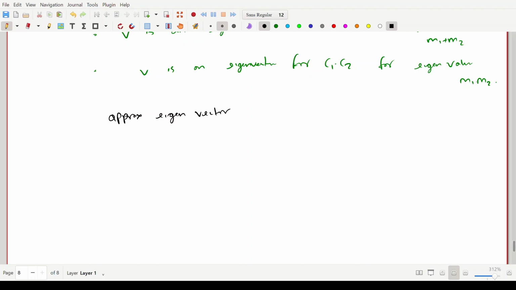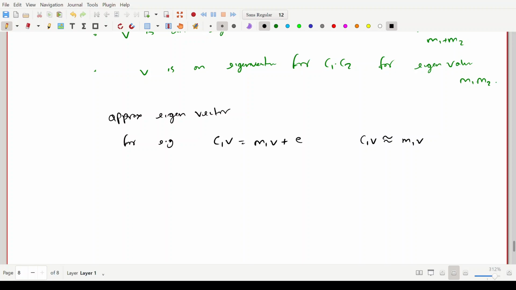For example, say C1 into V will be M1 into V plus some small error, such that C1 into V is approximately the same as M1 into V.